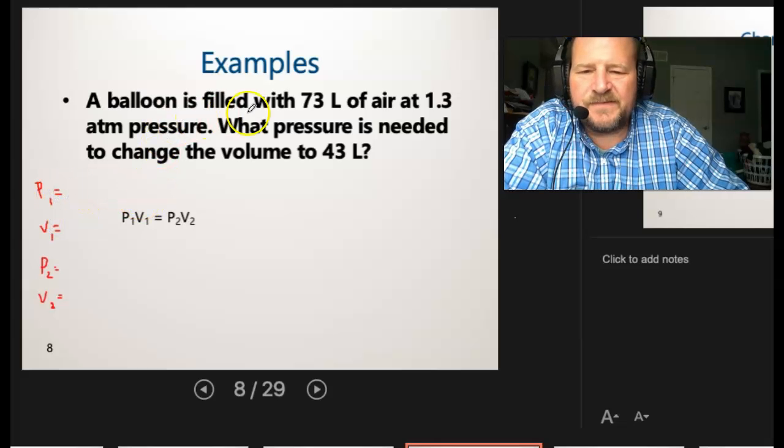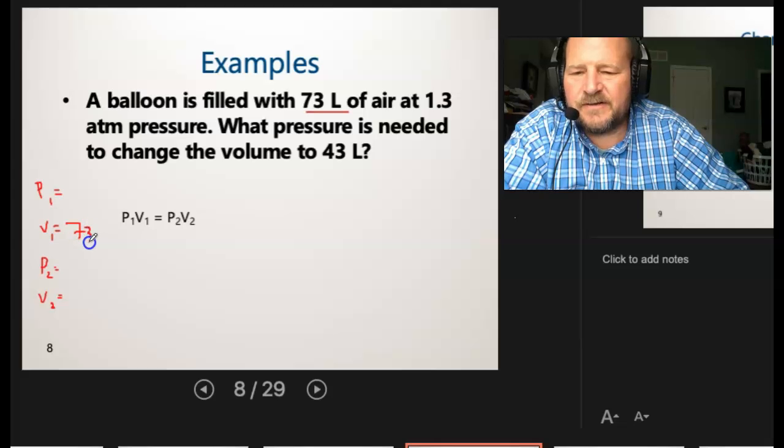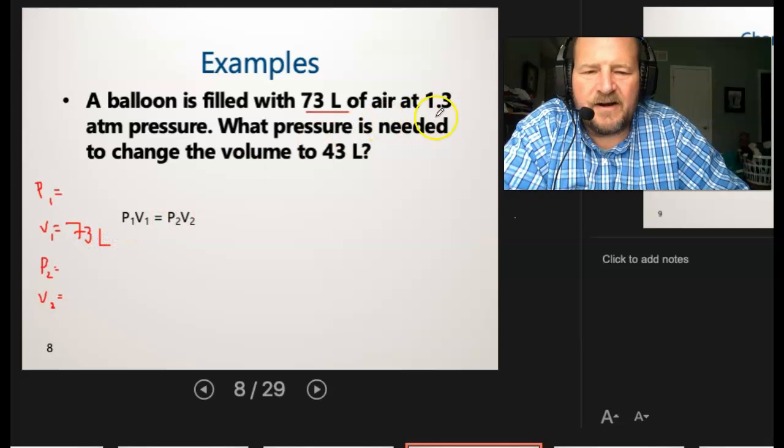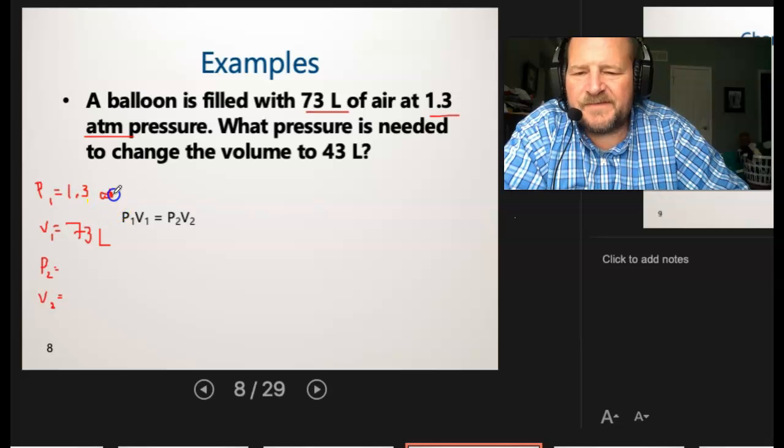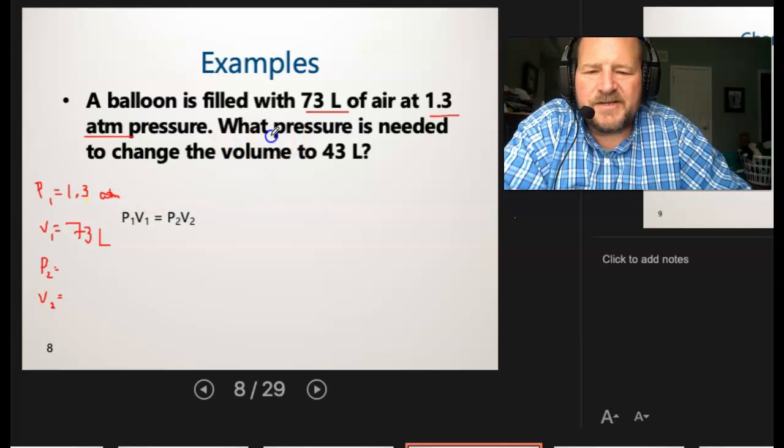All right, so a balloon is filled with 73 liters. I'm going to let that be V1, 73 liters of air at 1.3 atmospheres. So since I let that be V1, that has to be P1. We're going to put that in atmospheres. And then it says what pressure, so I'm going to be looking for P2, that's my unknown, is needed to change the volume to 43 liters.